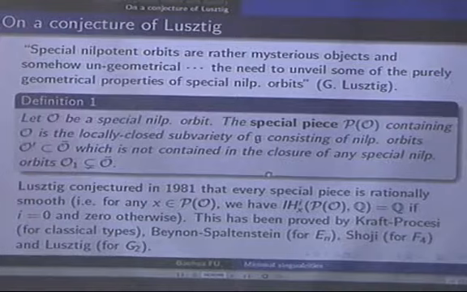So to this purpose, in fact, we will define the special piece.